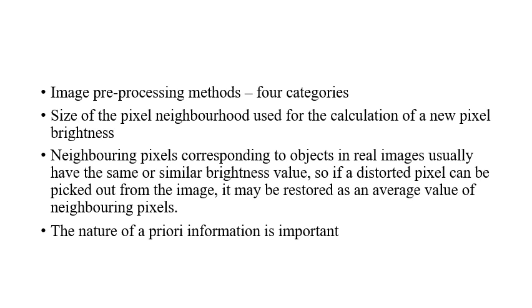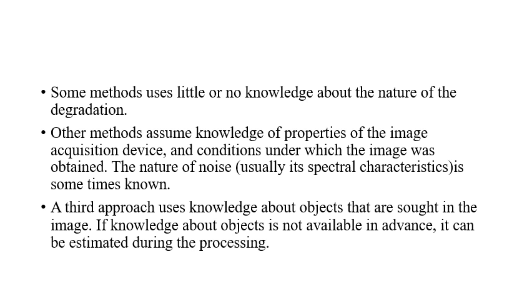Since we are speaking of image pre-processing, we need to have some a priori information. What kind of a priori information is present becomes very important here. If the idea of the pre-processing is to correct some degradation in the image, then the nature of the prior information is very important.